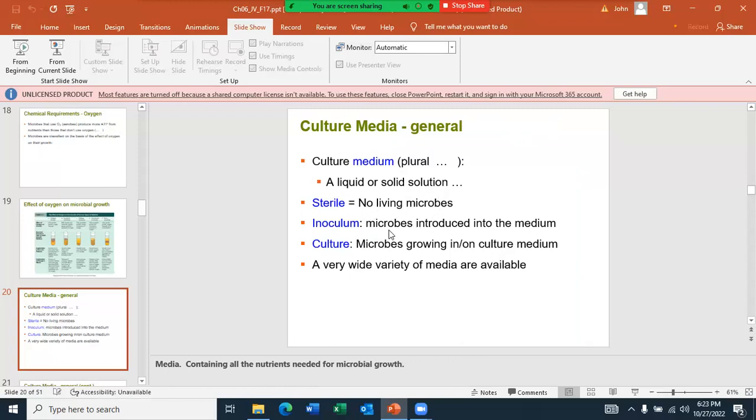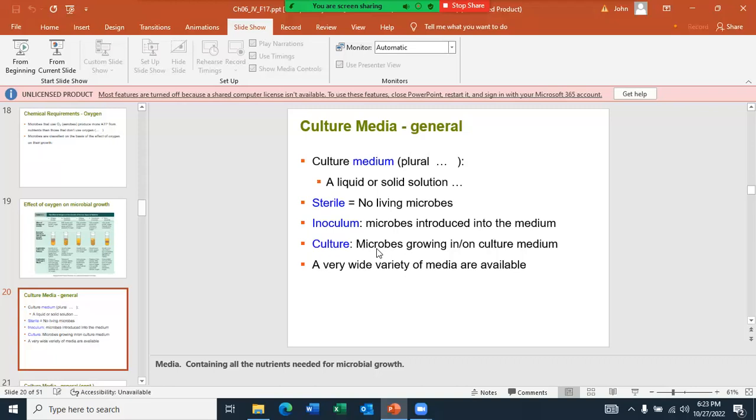The inoculum is the microbes you introduce into the medium to get the microbe to grow. The culture is what we call the cells and the media when they're together. I could say growing together, but actually only the cells grow, the media doesn't grow. Any questions about any of that?